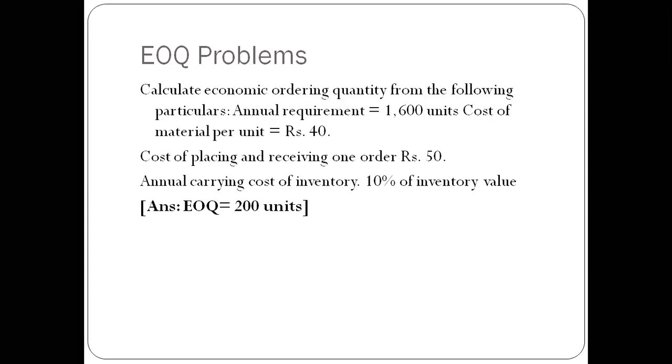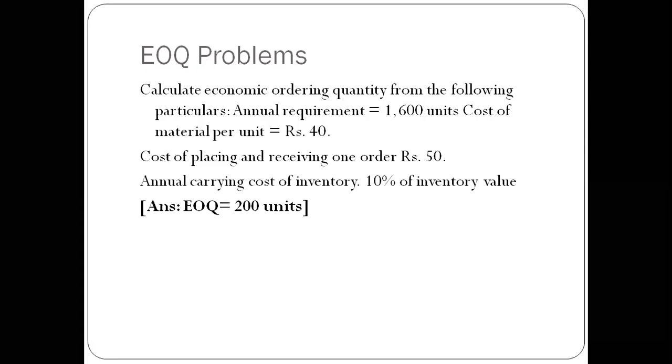The storage value is given as a percentage, so you have to multiply the cost of material by the percentage value. So 2 into 1600 into 50 divided by 40 into 10%. If you take the root, you will get the answer, 200 units.